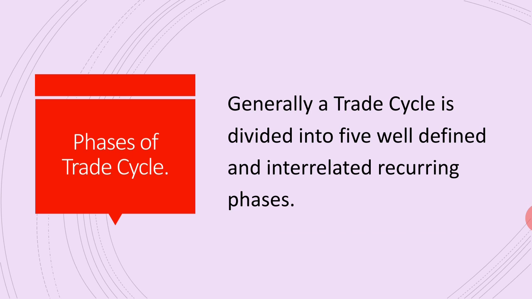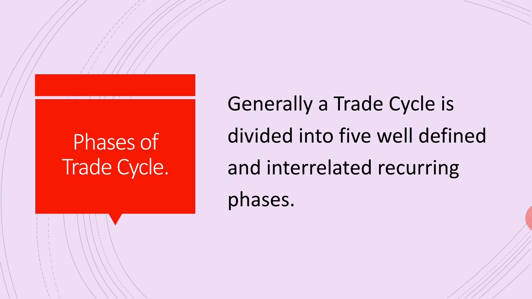Generally, a trade cycle is divided into 5 well defined and interrelated recurring phases. Interrelated means whatever phases we are going to study, they are all related to each other.